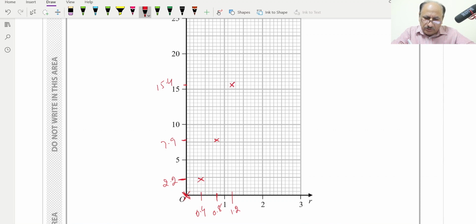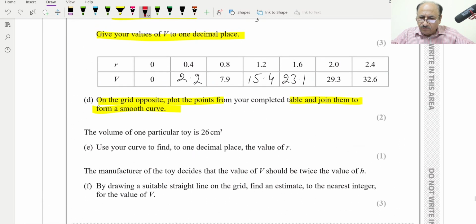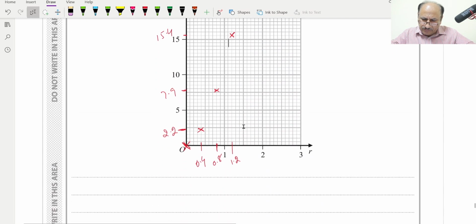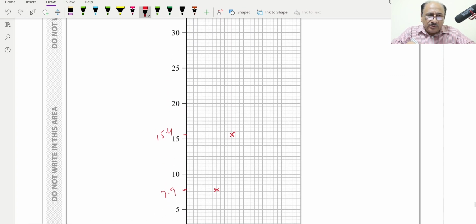Then the next value is 1.6 and 23.1. The 1.6 reference is this one, and 23.1 will be closer to this one.